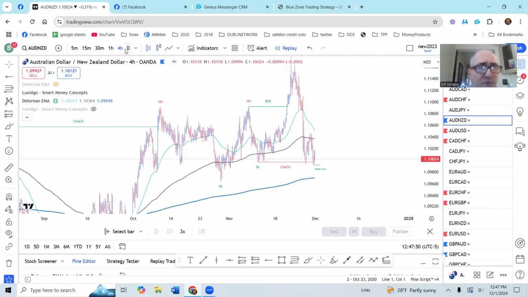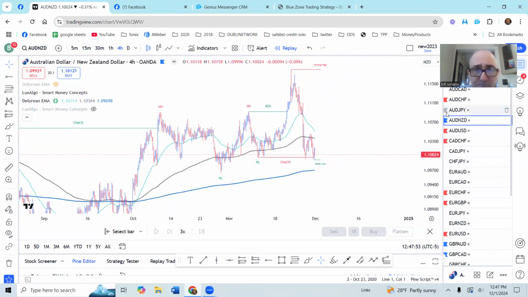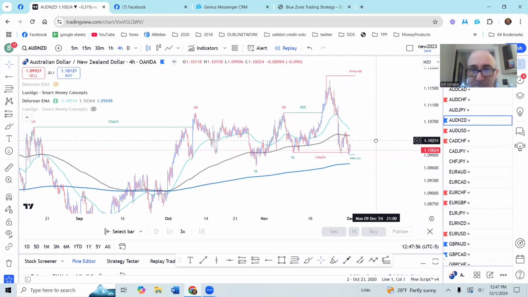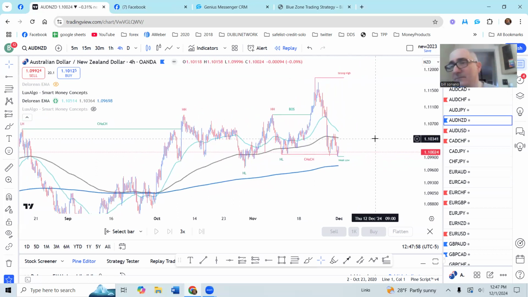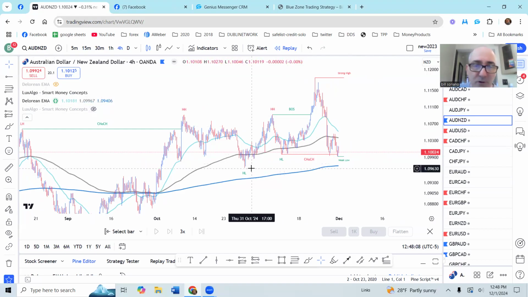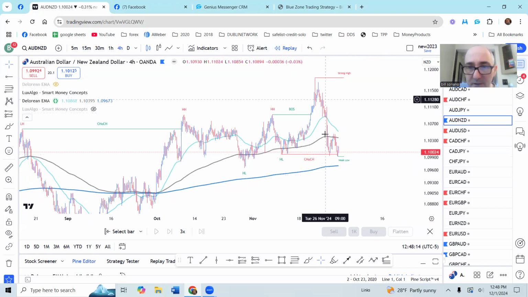And then the next thing we have to do is determine where to draw our fib on the 4-hour time frame, okay? Now, again, this is very subjective, and that's why I'm going to show you how to use the Lux Algo Smart Money Concepts indicator to help you with this. Because some people may draw it from here to here, right? Some people may draw from here to here, okay?